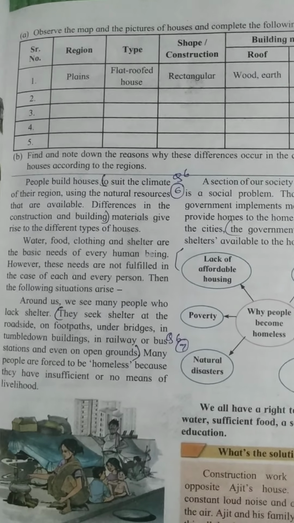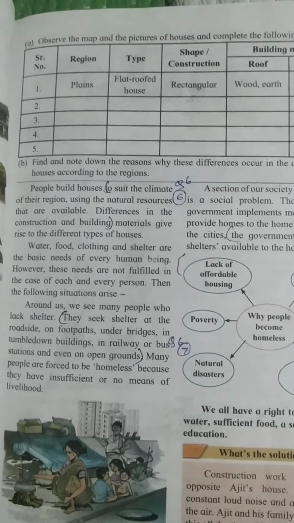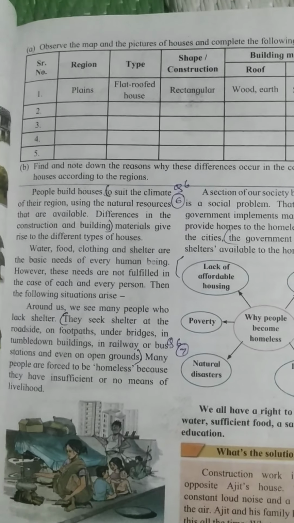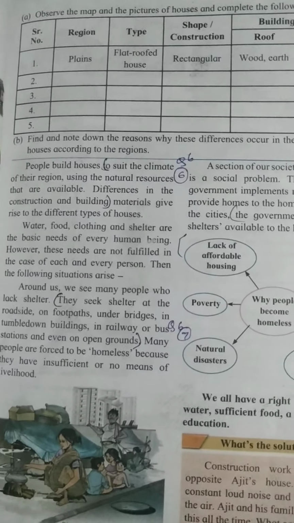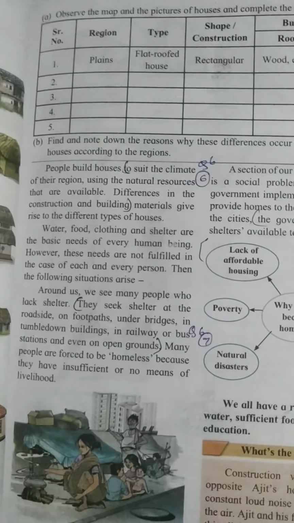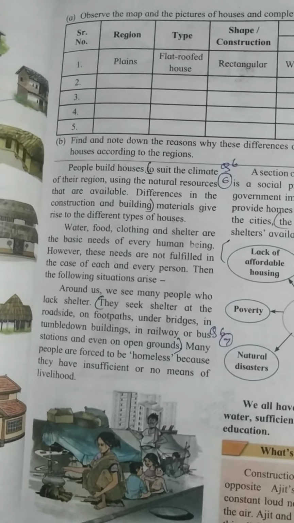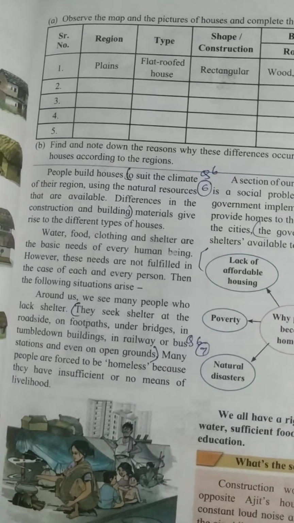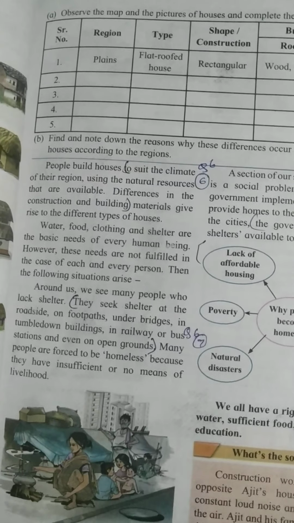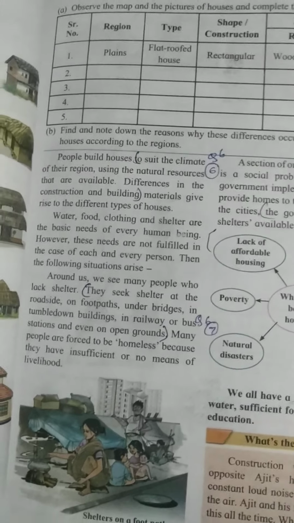Differences in construction and building materials give rise to different types of houses. It means people construct their houses according to their climate and their environment, and they use different types of material to build the houses.